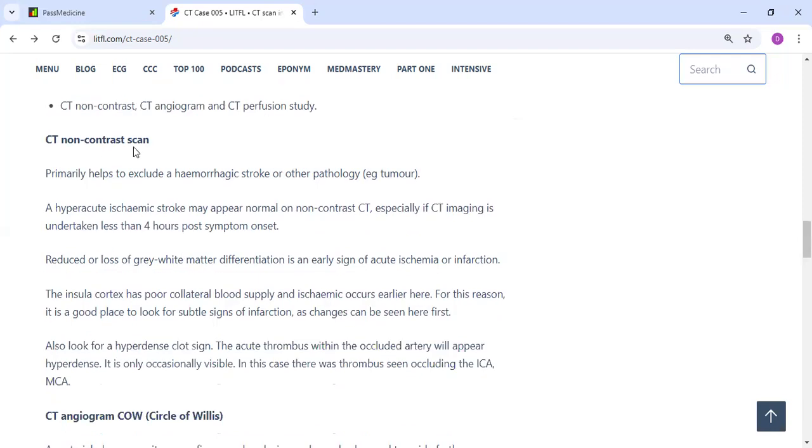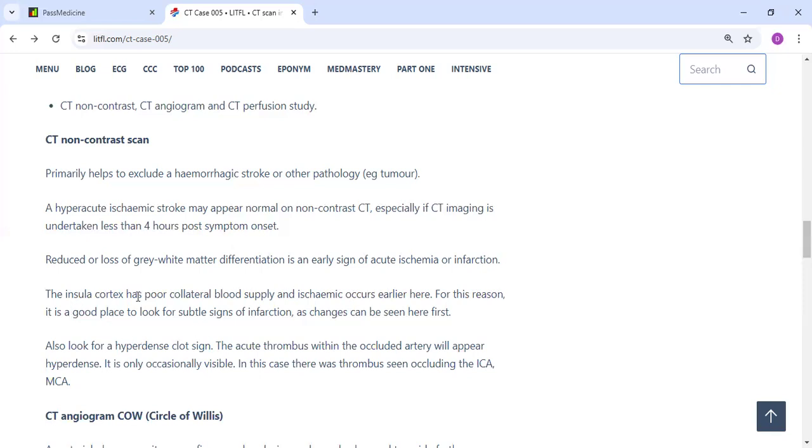Primarily, the non-contrast CT helps to exclude a hemorrhagic stroke or other pathology, and we do it because it is done fast. A hyperacute ischemic stroke may appear normal on non-contrast CT, especially if imaging is undertaken in less than 4 hours. Reduced or lost gray-white matter differentiation is an early sign of acute ischemia or infarction.